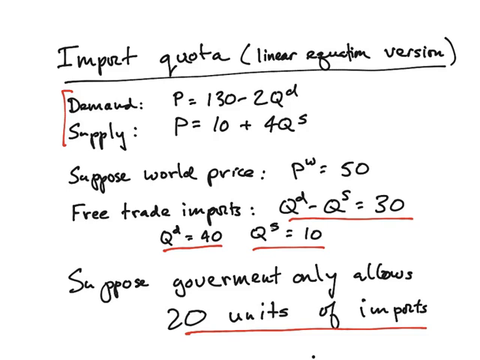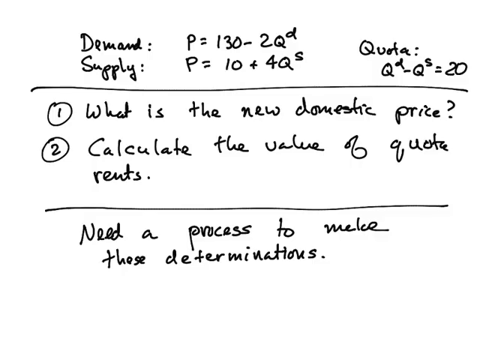quantitative restriction on imports. So here we've got a couple of questions that we'd like to answer. First, what is the new domestic price when imports are limited to the 20 units? And secondly, calculate the quota rents associated with this quantitative restriction.